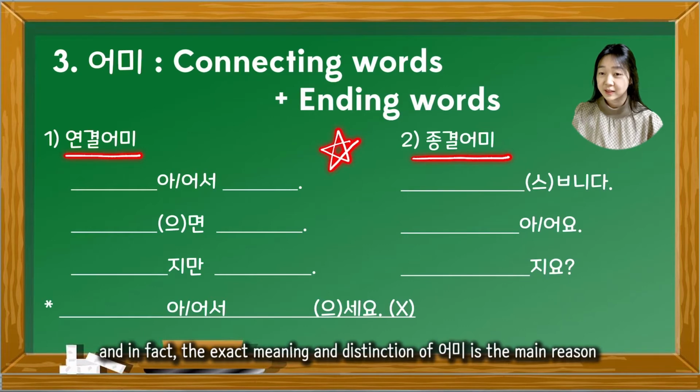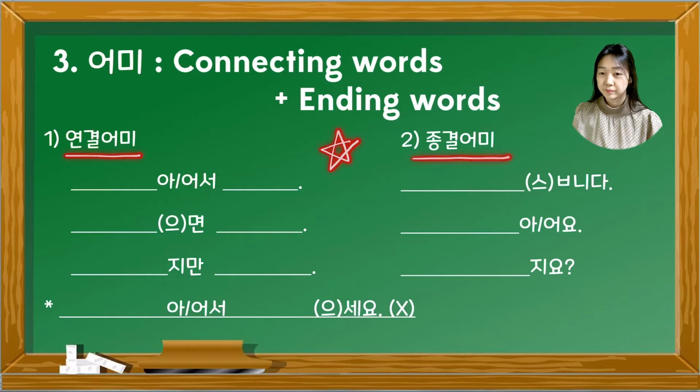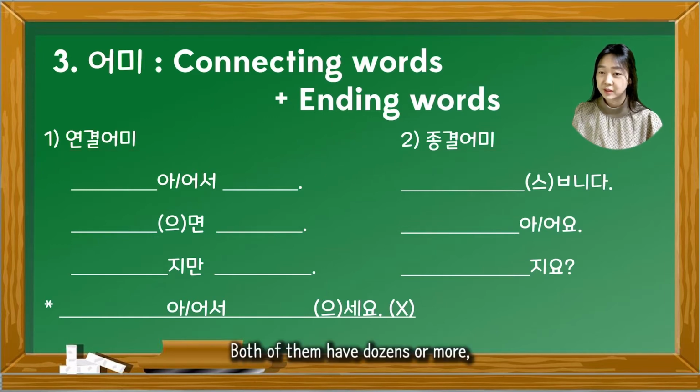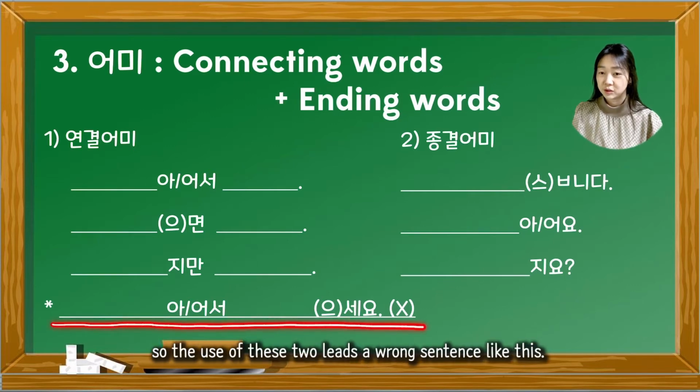And in fact, the exact meaning and distinction of 어미 is the main reason why I started producing YouTube videos. Both of them have dozens or more, and some 어미 do not fit together in one sentence. So the use of these two leaves a wrong sentence like this.